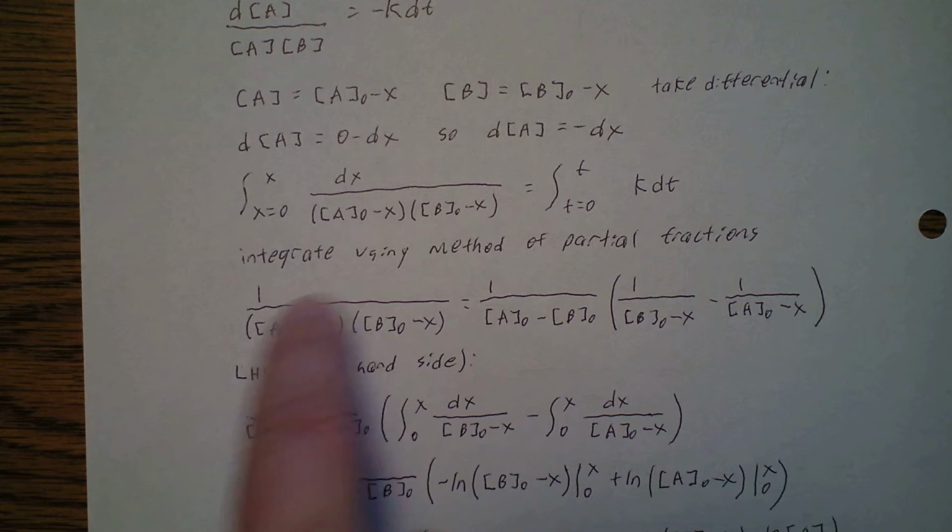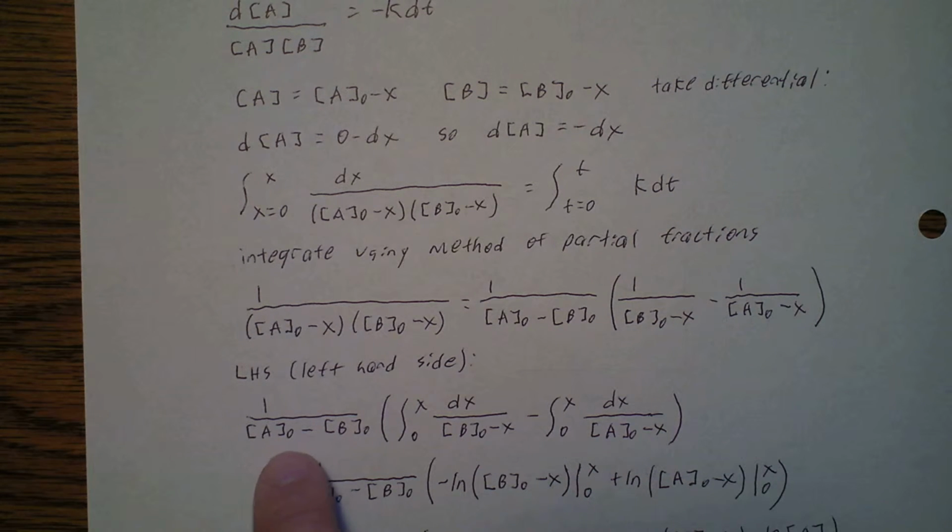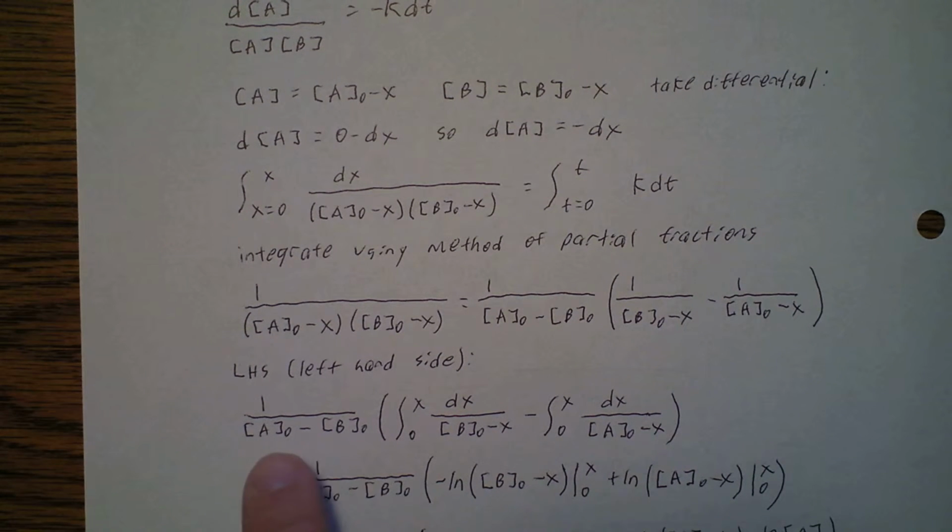So for the left-hand side of this equation, here's how you evaluate it. You get 1 over A naught minus B naught, or the initial concentration of A minus the initial concentration of B, times this whole quantity: the integral from x equals 0 of 1 over the initial concentration of B minus x with respect to x, minus the integral from 0 to x of 1 over the initial concentration of A minus x with respect to x.